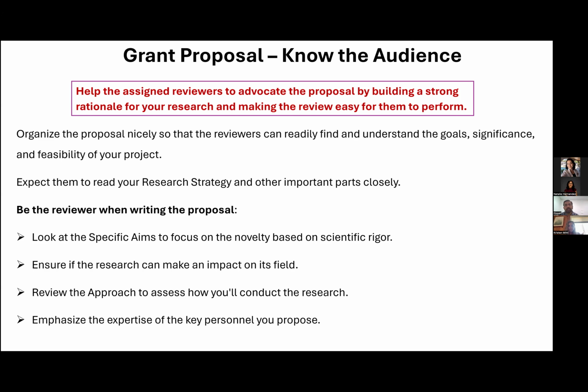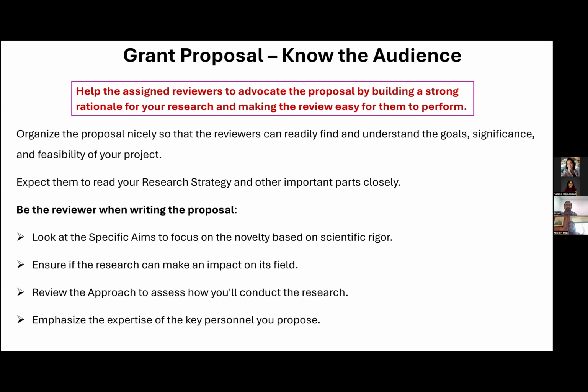We know everything. We know the pain, we know the failures, we have the lessons. But a third person who reviews your proposal doesn't know anything about this. Instead, they will have some foundational knowledge. So always help the reviewer to give you a better score. That is very, very important.